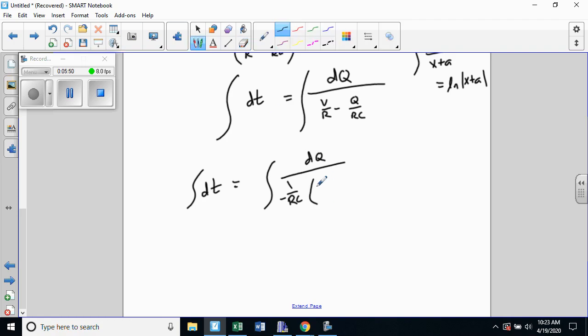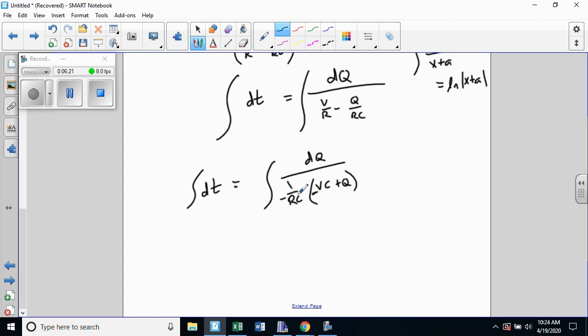V times C, because if I multiply this by 1 over RC, the C's would cancel, and that'd leave me with my V over R. But because I pulled out a minus 1 over RC, and this was initially positive, this guy is now negative, so minus VC, and this guy just becomes plus Q. So just to make this look a little bit better, let me multiply by 1 over minus 1 over RC.